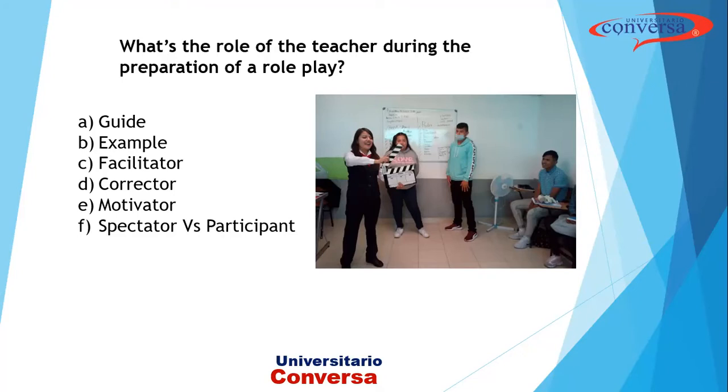Remember that students get nervous when they pass to the front, and it's very difficult for them, especially when they are performing a role play that is improvised. That's why it is also recommendable to give them some minutes before they pass to the front so that they rehearse the dialogues and can do it well. So the teacher can be a spectator or a participant during the role play, both are possible.